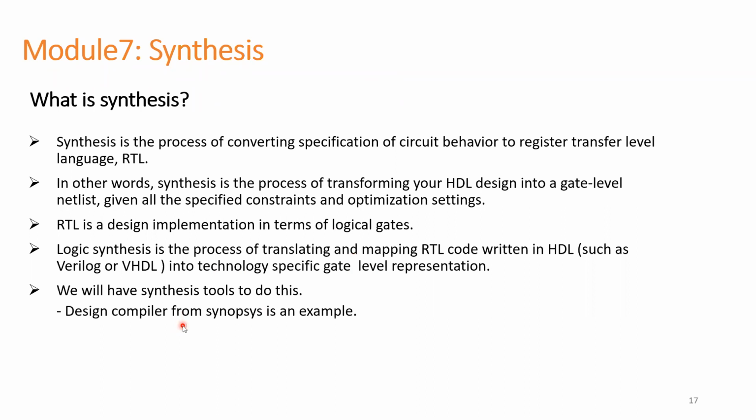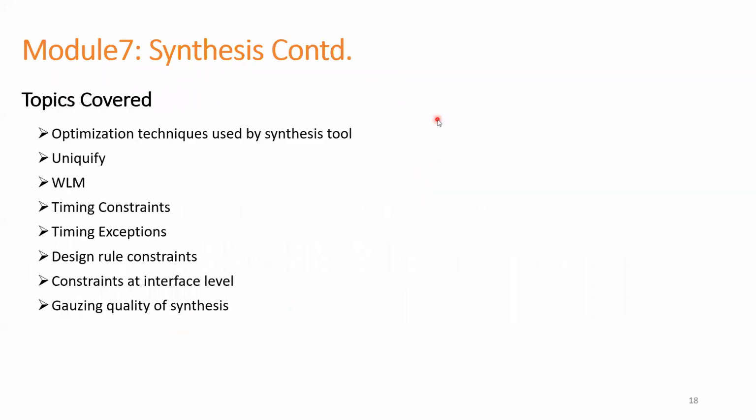In Cadence, we have the Genus tool for synthesis. These are the topics that will be covered in synthesis: optimization techniques used by the synthesis tool. What are the optimization algorithms that we can enable in the synthesis process? Let's say if you want to optimize setup timing, you can enable the required options.